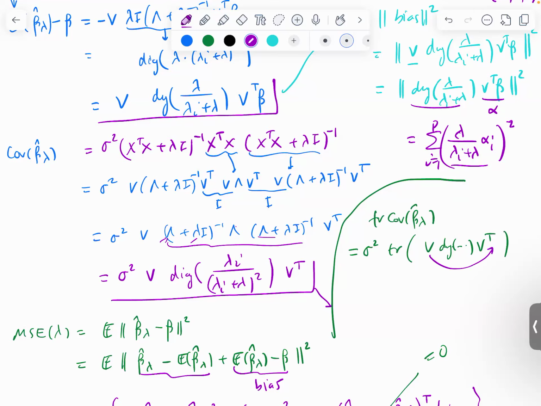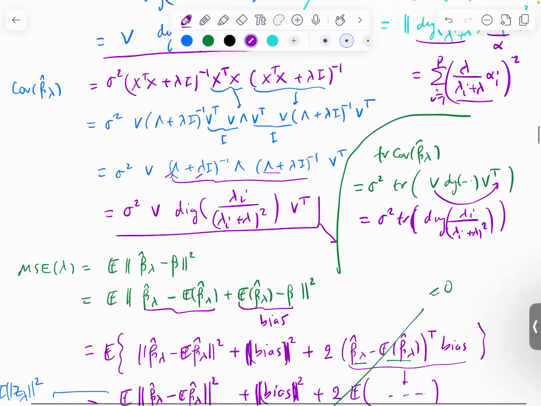I'm going to move this closer to this guy. It has to be cyclic. And then V transpose V would be I, so I can just drop it. I get the trace of the diagonal matrix lambda I over lambda I plus lambda, squared. And the trace of a diagonal matrix is just the sum of the elements. So you get sigma squared times the summation from i equals 1 to p of lambda I over lambda I plus lambda, squared.